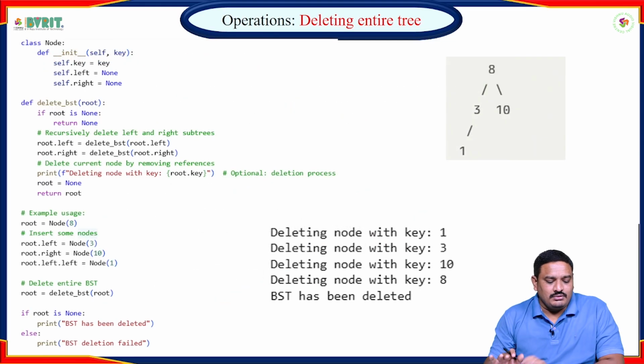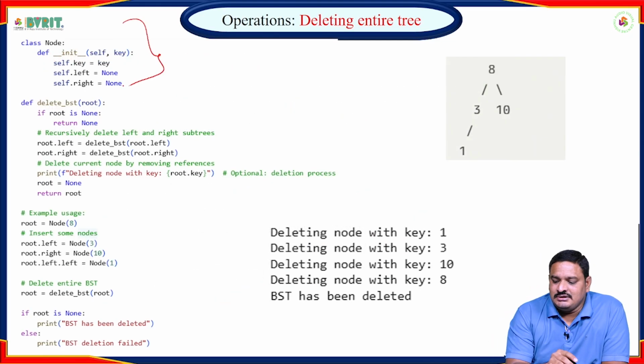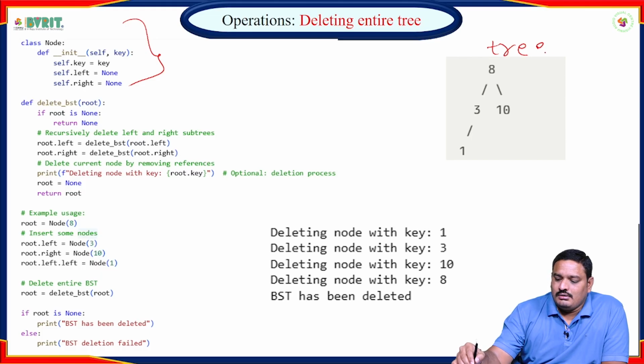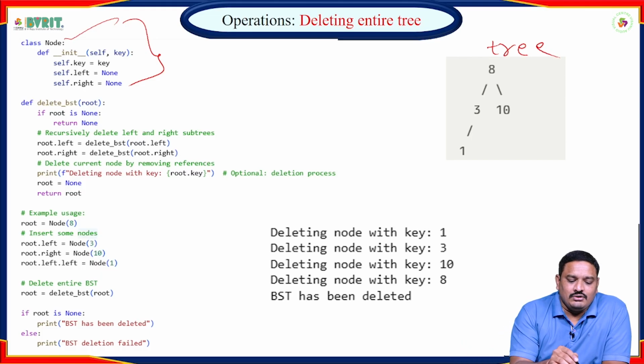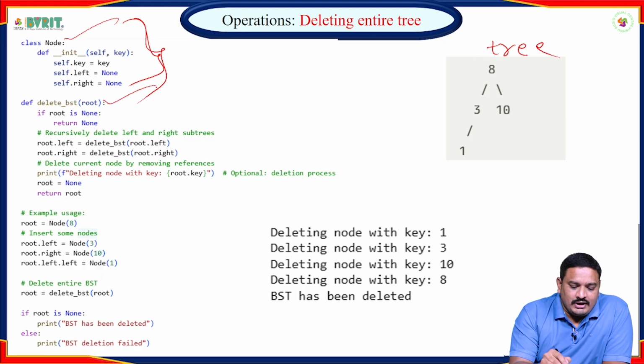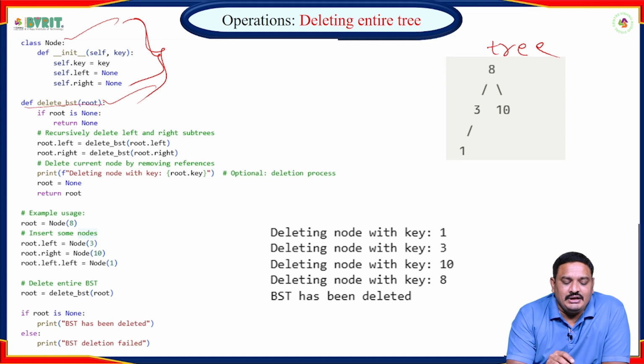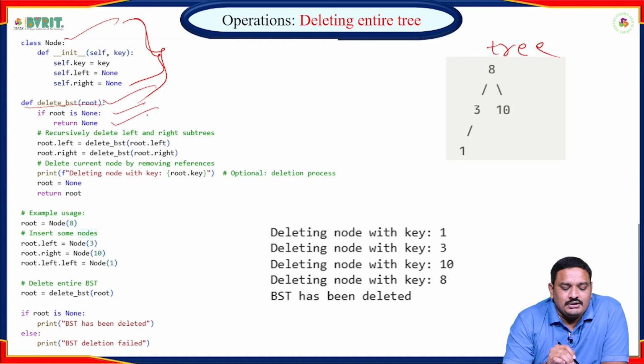This is the example. This is the tree. Based on this tree, we are creating the nodes. We have deleted a node, now we are deleting the entire tree. So we are creating a function. The function is def delete_binary_search(root node). If the root node is None, return None.